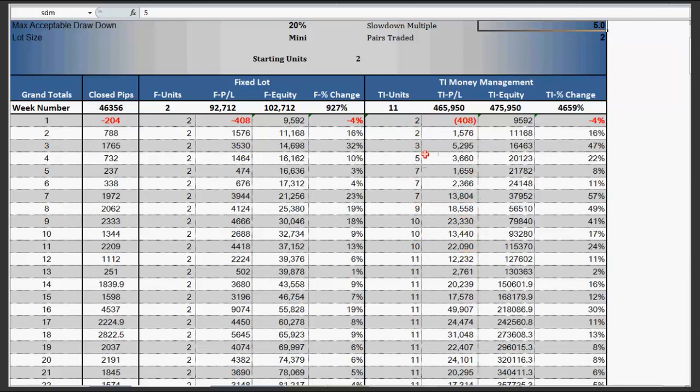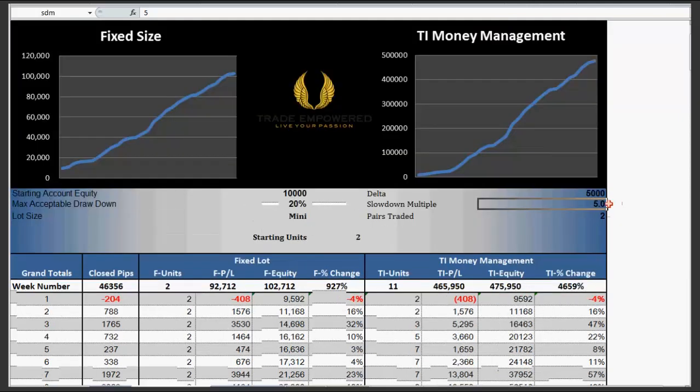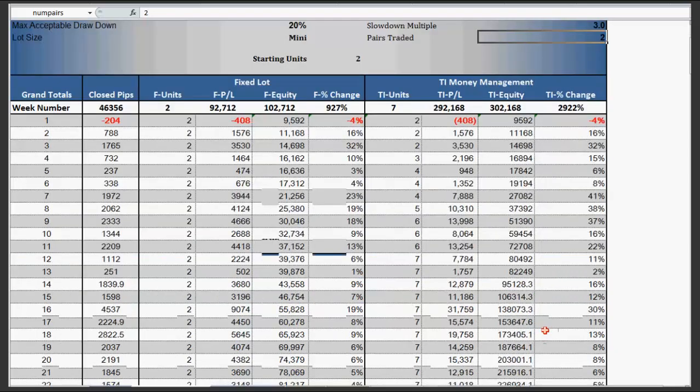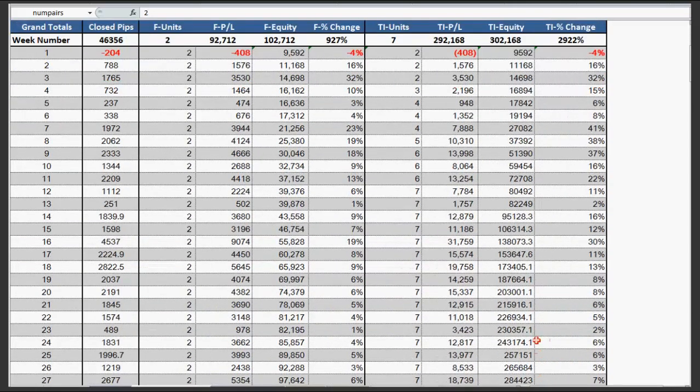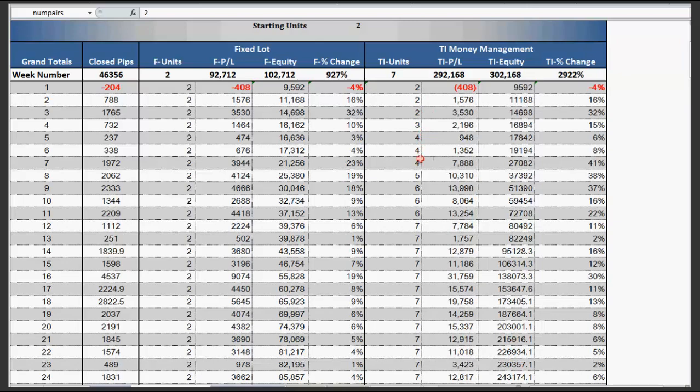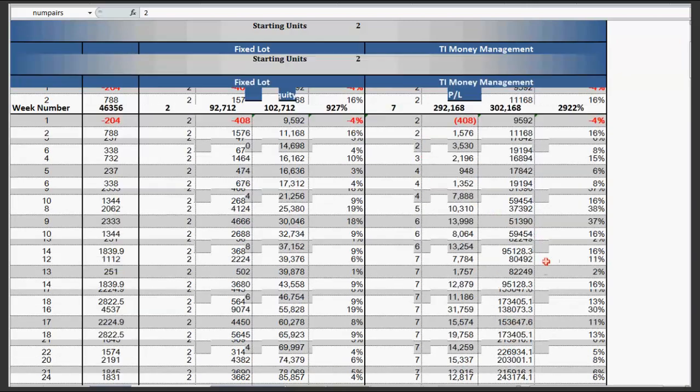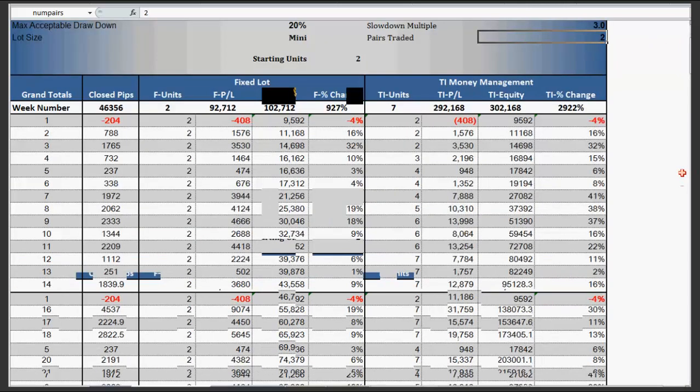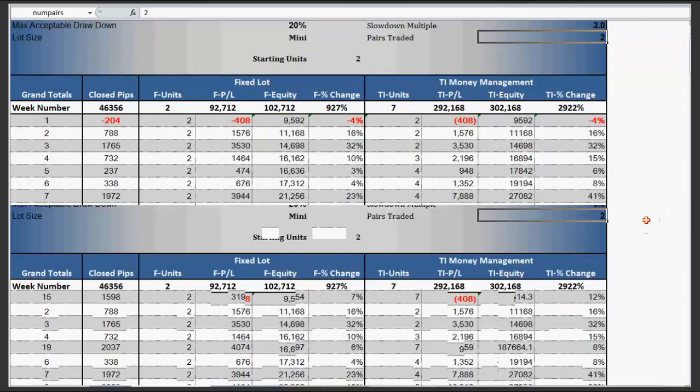We don't have these wild jumps from 5 to 17 to 33, and we get a much smoother equity curve as the market runs up because we're increasing our position size at a steady predefined rate. I can reduce this down to 3 if I want to. Again, it just slows down the rate at which I increase my position size and gives me a much smoother equity curve, without a lot of jumping around.